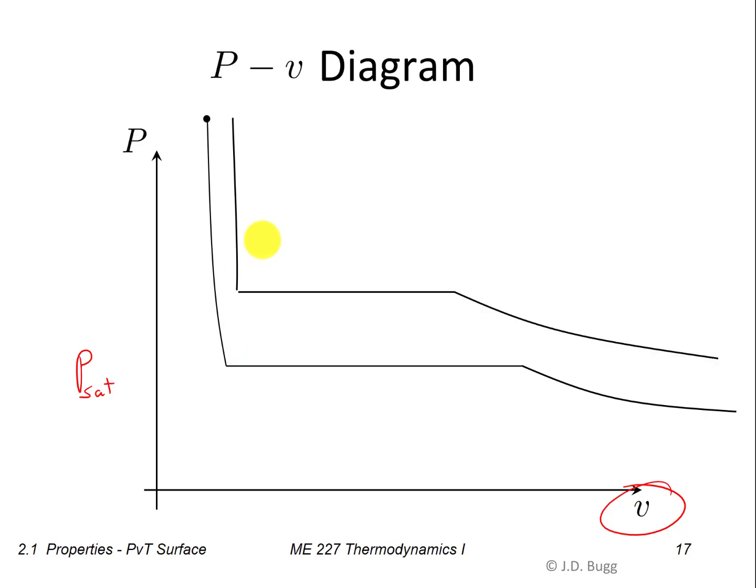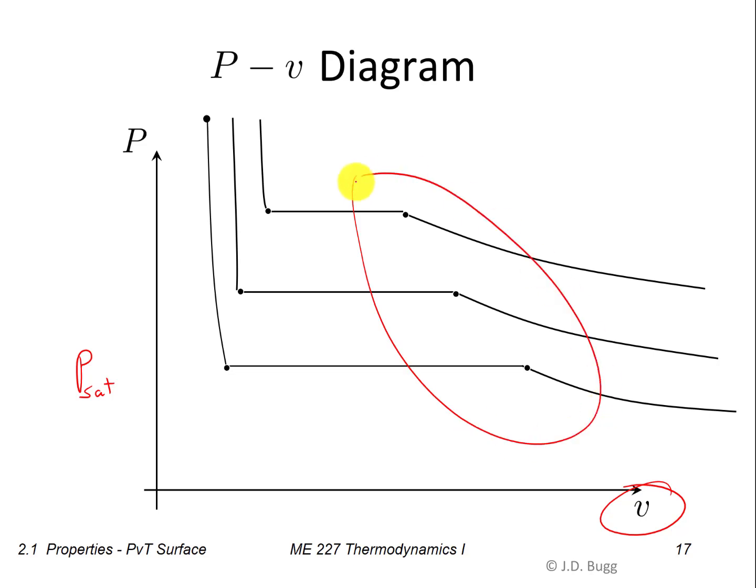And if we were to redo that at a higher temperature, or a higher temperature still, we would see similar shaped lines that would look like this. So notice again, we're seeing a locus of points that are the saturated liquid line, and another locus of points over here that are the saturated vapor line.